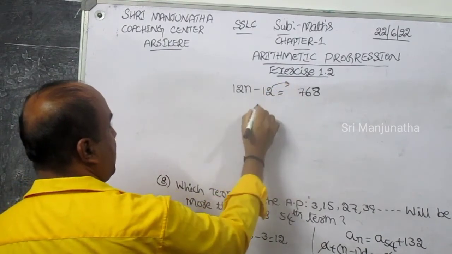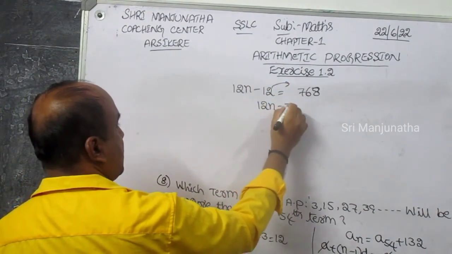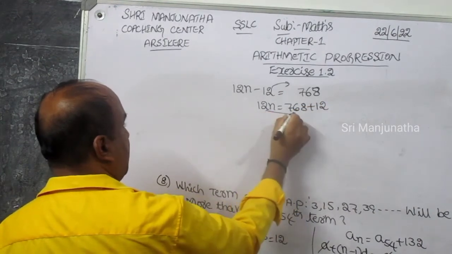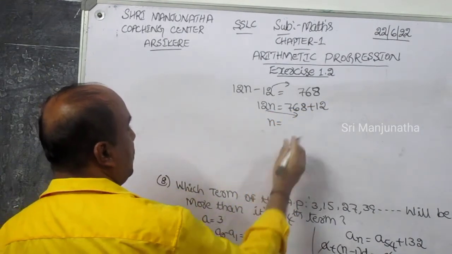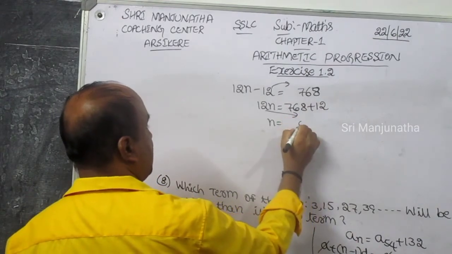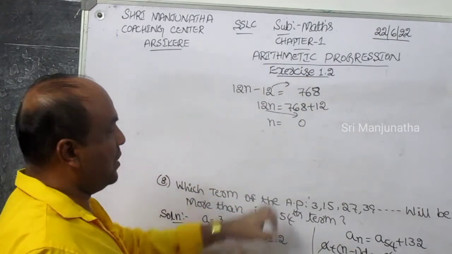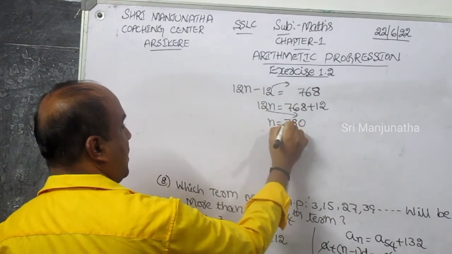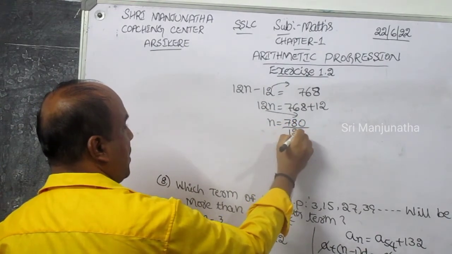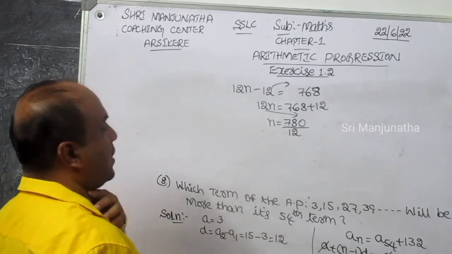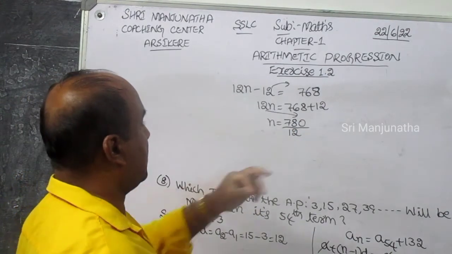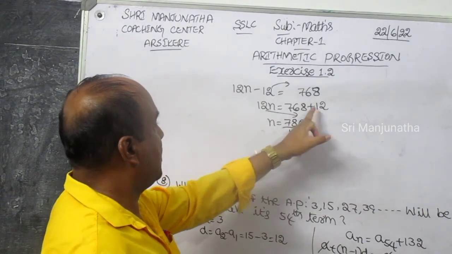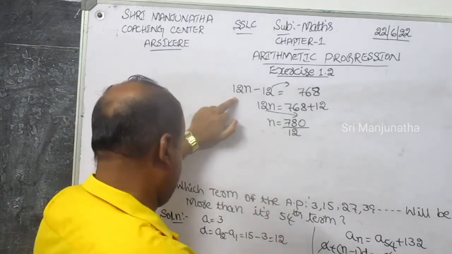Minus 12 goes to that side: 12n equals 768 plus 12. Cross multiply this. 8 plus 2 is how much? 10, 1 carry. 6 plus 1 is 7, plus 1 is 8. 780 divided by 12, you have to divide it. Is the n value correct or not? 768, 770, 780, 12n. Yes.